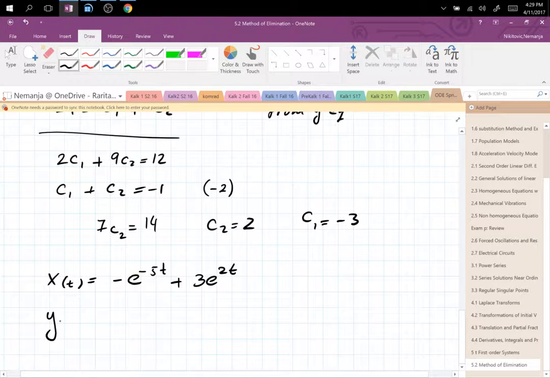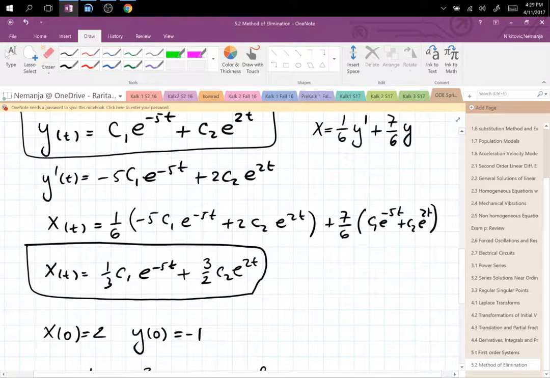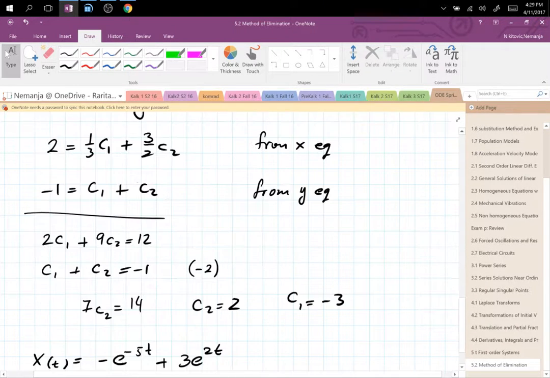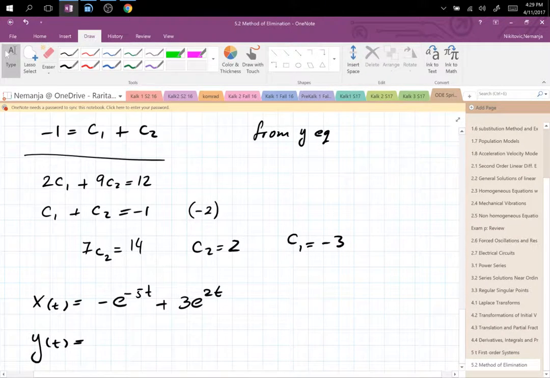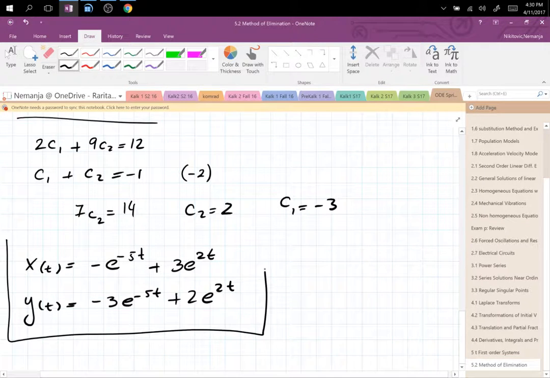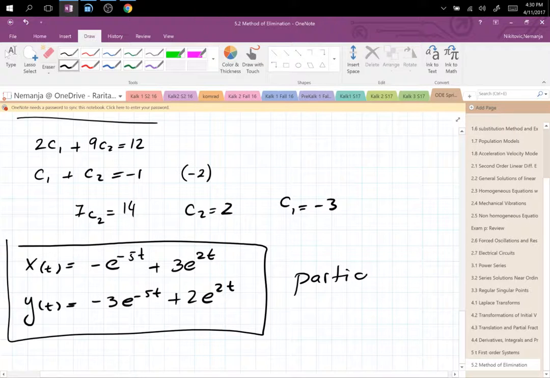And y of t, so C1 is -3, so -3e to the -5t, plus 2e to the 2t. Ta-da! Not a problem, right?